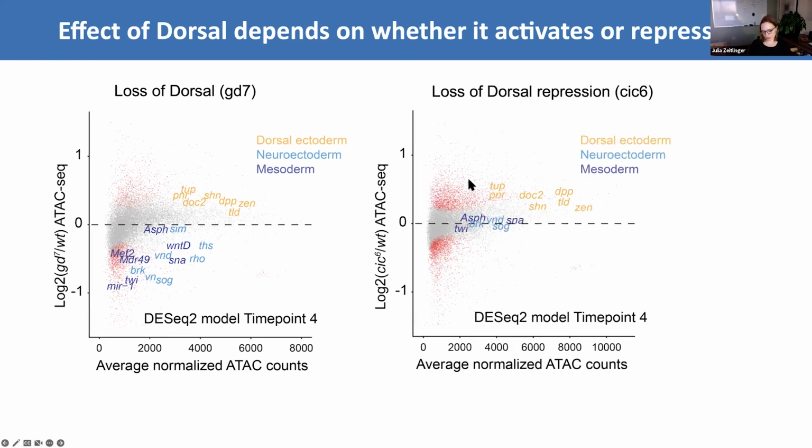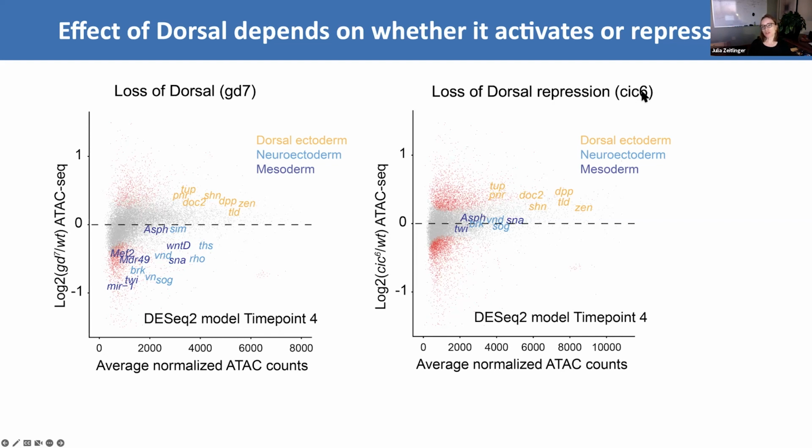And we wanted to validate this. This was really cool because we studied this before, and we knew that Dorsal requires Capicua, which is a repressor. So in these repressed binding regions, you have Capicua binding motifs.